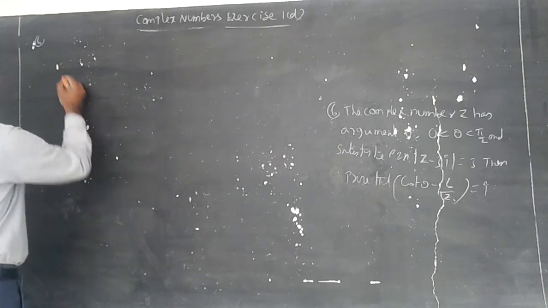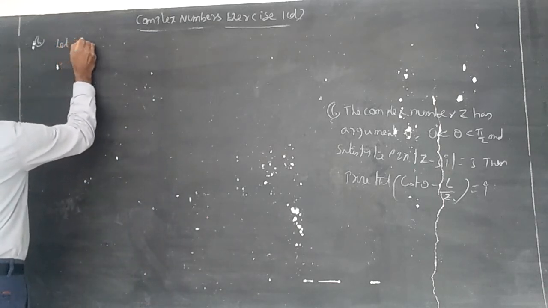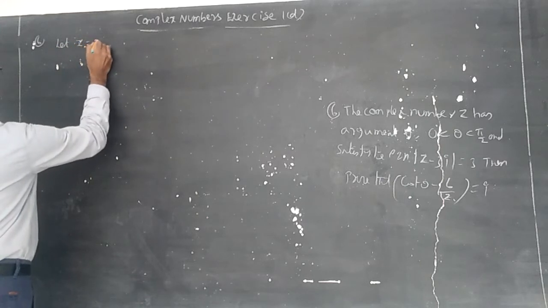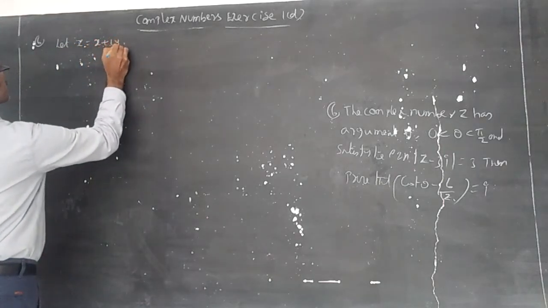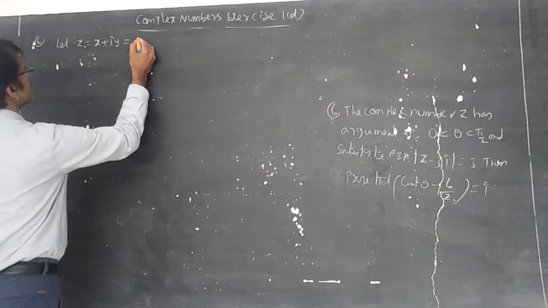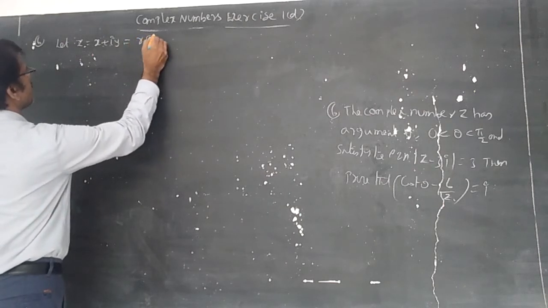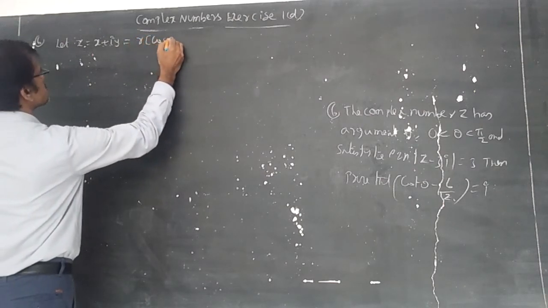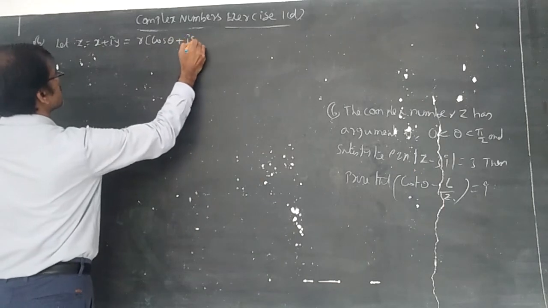Let z is equal to x plus iy, that is r into cos theta plus i sin theta.